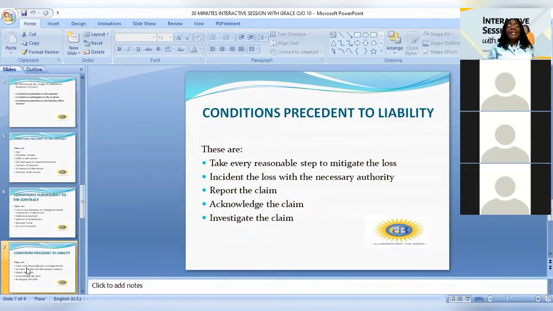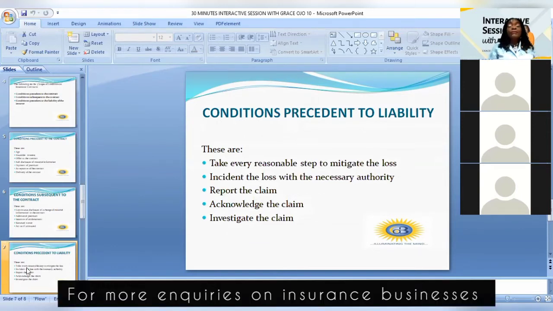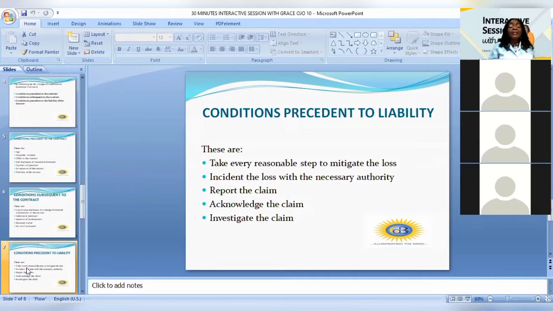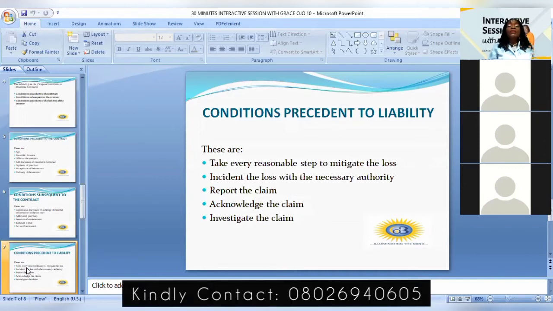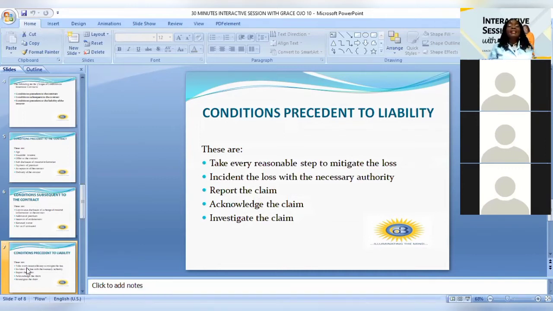Now, these are: take every reasonable step to mitigate the loss. A condition precedent to liability is what is expected of the insured to do before the insurer will indemnify the insured. The purpose for which the insured has come to the insurer is that in case there is a loss, the insured will be indemnified.